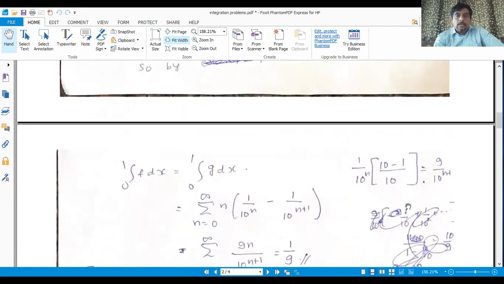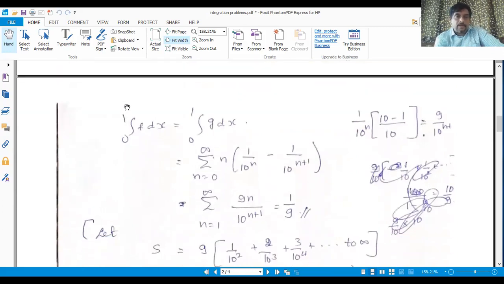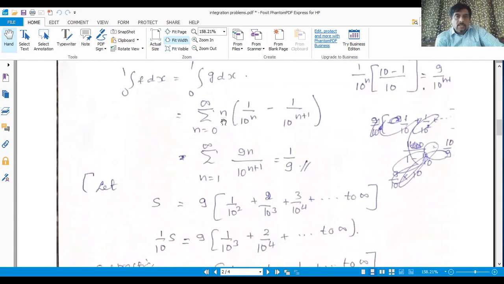Then the integration part. The integral from 0 to 1 of f dx means the integral from 0 to 1 of g dx. Here the summation n from 0 to infinity of n times the interval length, 1 by 10 power n minus 1 by 10 power n plus 1.